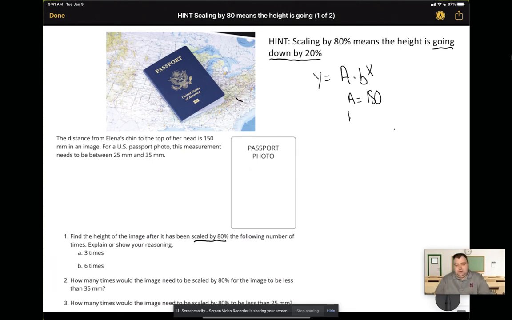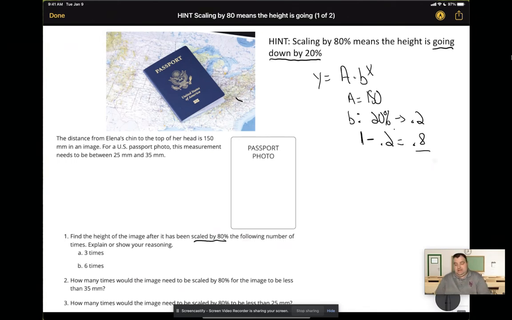And then for the B value, the key again is we're going down by 20%. So 20% as a decimal is equal to 0.2. And because we're going down, my decay factor is going to be 1 minus 0.2, which is equal to 0.8.